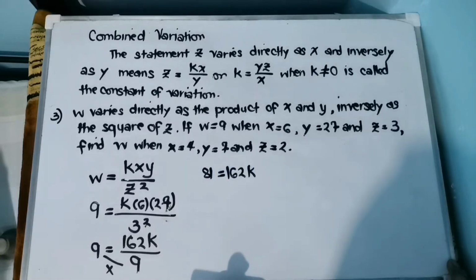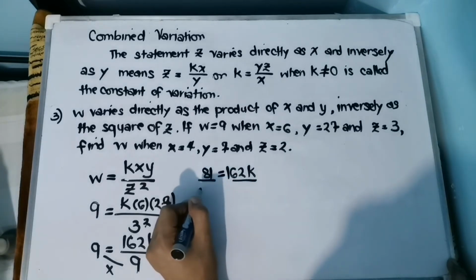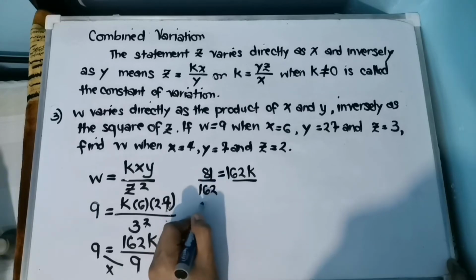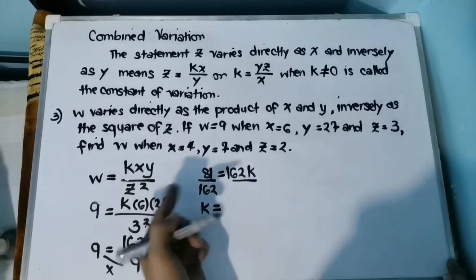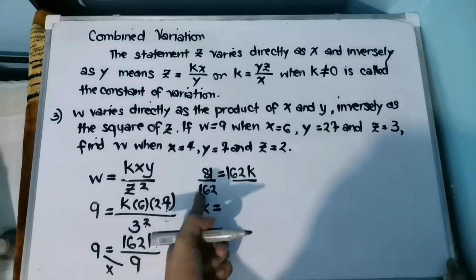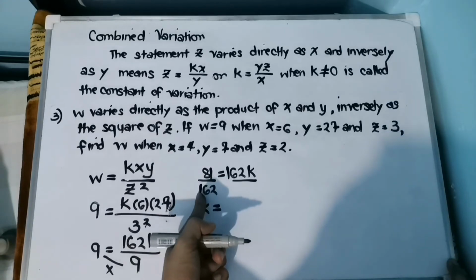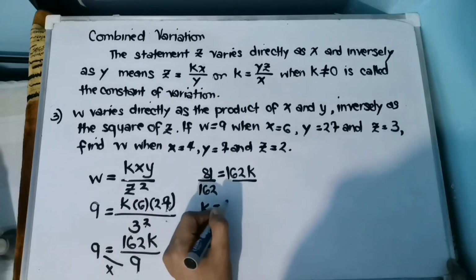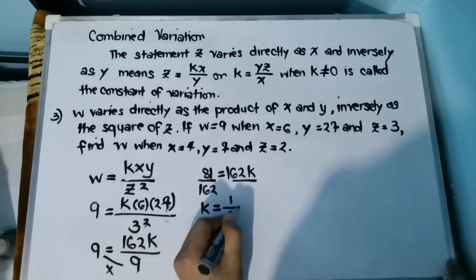And then applying the MPE, or simply divide both sides by 162. K equals 81 over 162. The greatest common factor is 81. So therefore, it can be expressed in lowest term as 1/2.